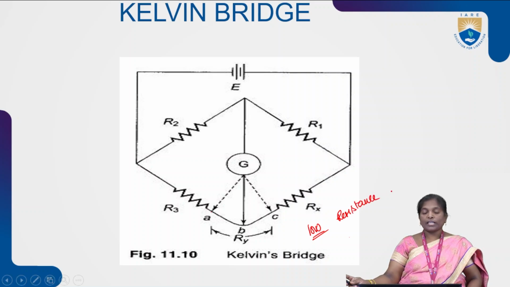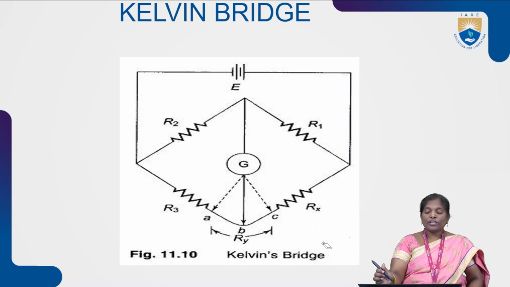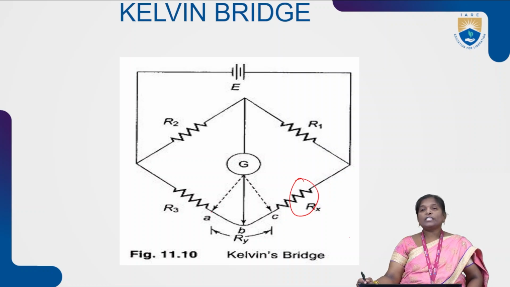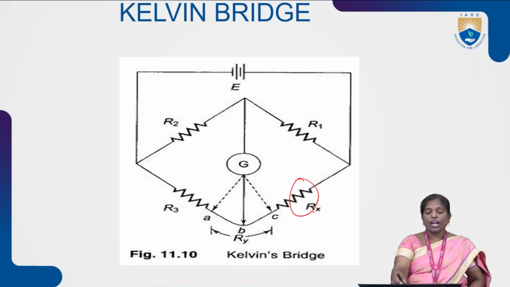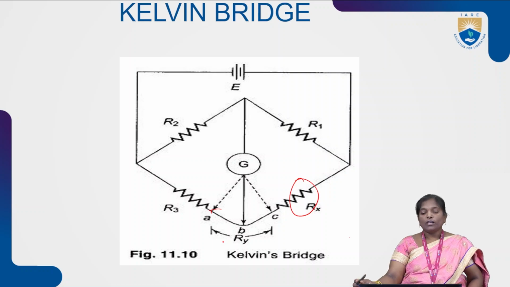Next, coming to this Kelvin bridge, to measure the unknown resistance Rx, the bridge consists of 4 arms R1, R2, R3 and Rx. We also have to consider point A and point C. The resistance between A and C is represented by another unknown resistance called Ry. Now, by considering the balanced bridge condition, we can measure this unknown resistance Rx.